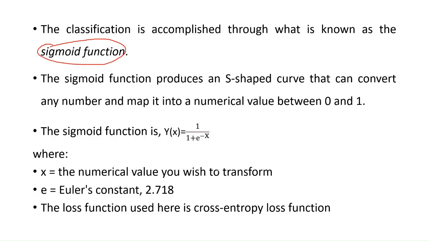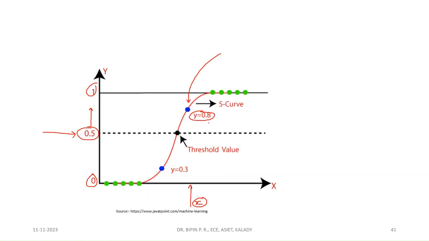The sigmoid function calculates an output, assume y equals 0.8. That 0.8 will be compared with the threshold value 0.5. Since 0.8 is greater than 0.5, this output will be classified as class 1.